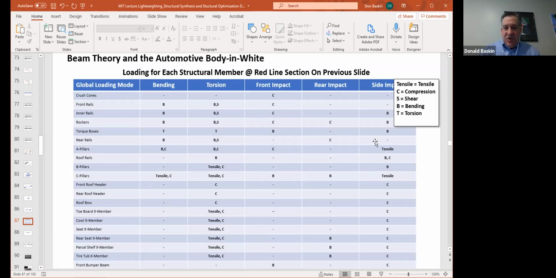This table shows, for each of these different beam structures within the body structure, what mode of loading they are typically subject to: bending, compression, shear, buckling, or torsion.